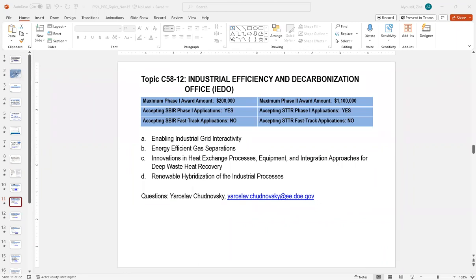It's an enormous amount of energy. So this topic is mostly focused on transformative technologies, innovations or concepts that can help the industrial sector to recover and reuse that energy loss.